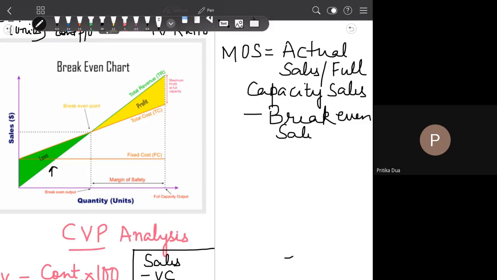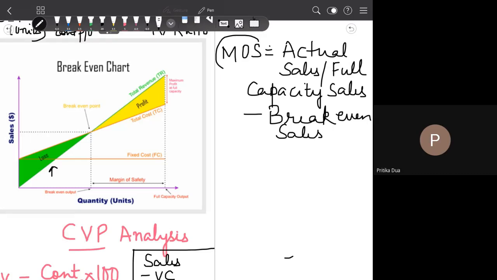So literally it is telling you what safety margin you are having, how much above the break even point your actual sales are. That is how much reduction in sales is possible before you reach your break even sales.